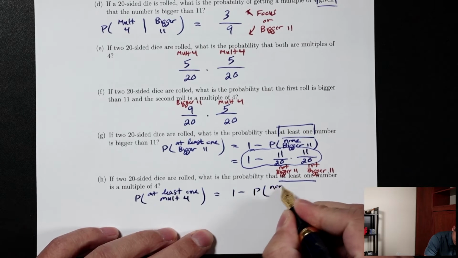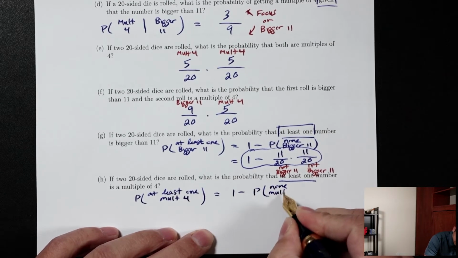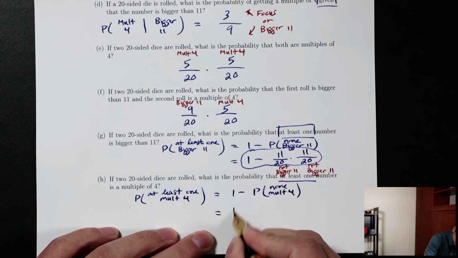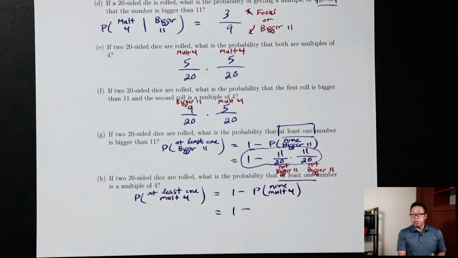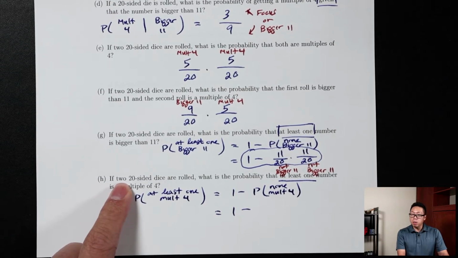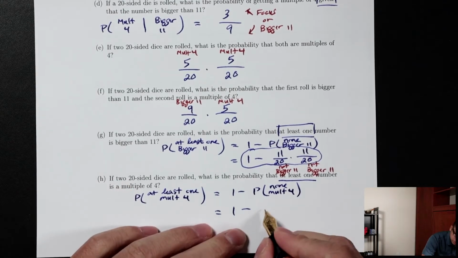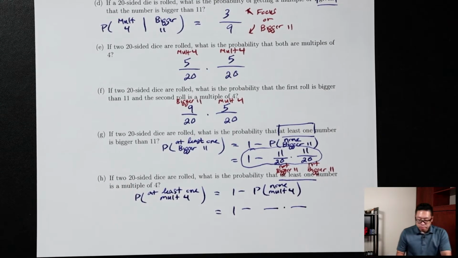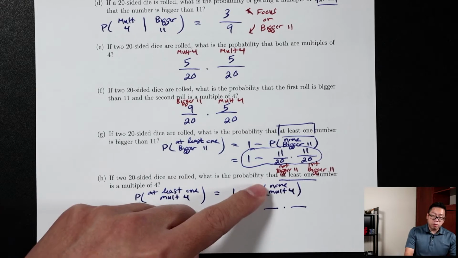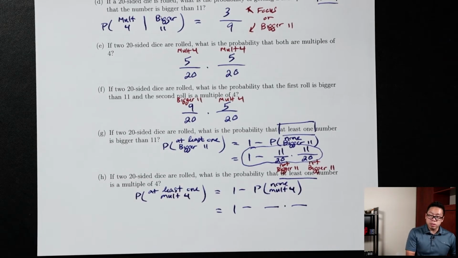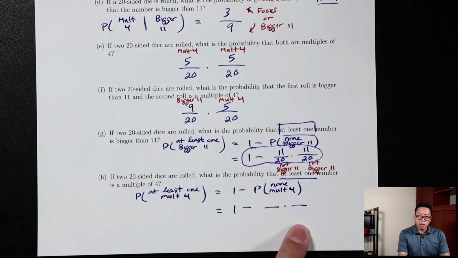So 1 minus none, multiple of 4. How many fractions do I need? Two dice, so 2 fractions. None of them a multiple of 4 means I want not multiple of 4, not multiple of 4.